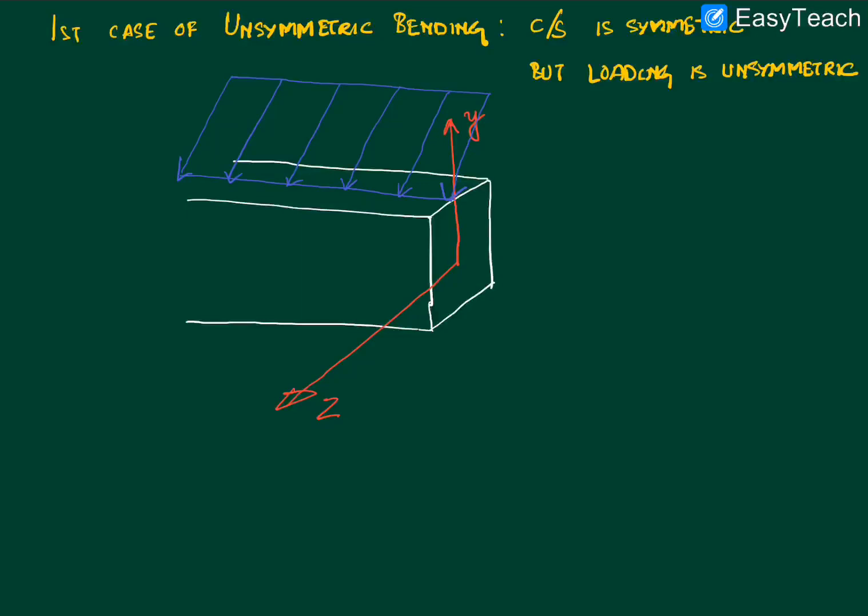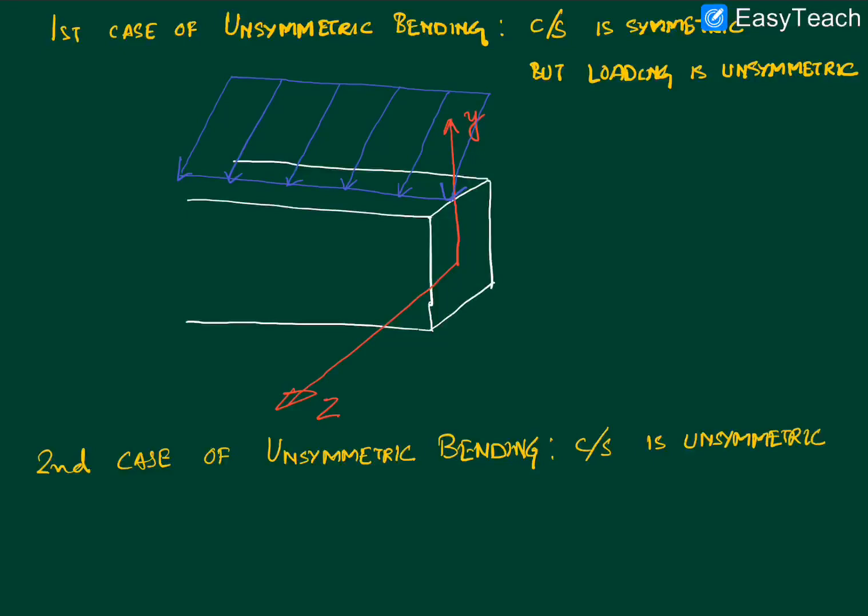So we'll have something, a cross section which is somewhat of this fashion, some kind of an irregular geometry.